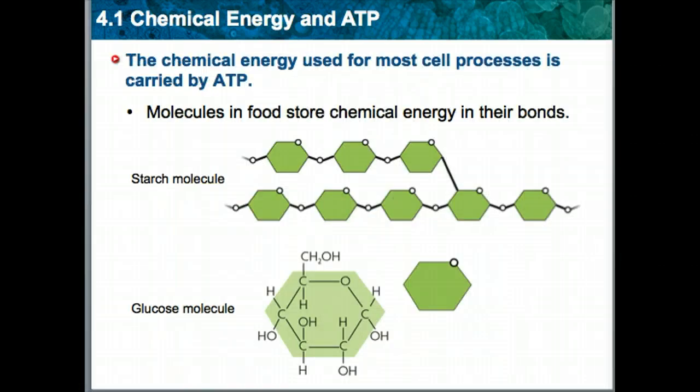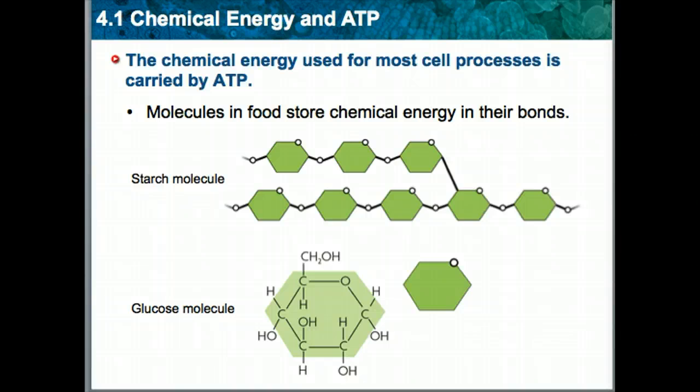So chemical energy used for most cell processes is carried by ATP. Molecules in food store chemical energy in their bonds. We as humans eat food to gain energy, but if you are like me and had turkey on Thanksgiving Day, it's not the actual turkey that's giving us the energy.